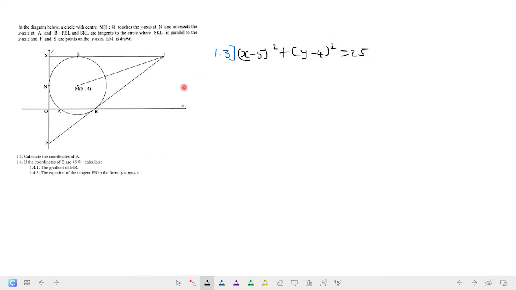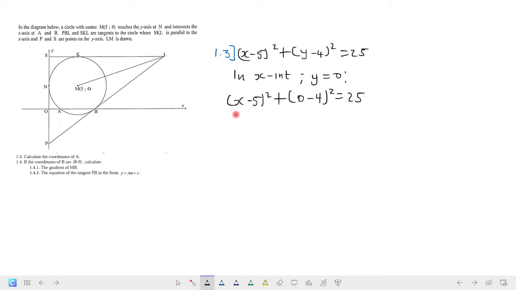Now we want to calculate the coordinates of A. If you remember, we said A was an x-intercept. So in an x-intercept, we always let y be 0, right? So let's go ahead and do that. We're going to have (x minus 5) squared plus (0 minus 4) squared equals 25.